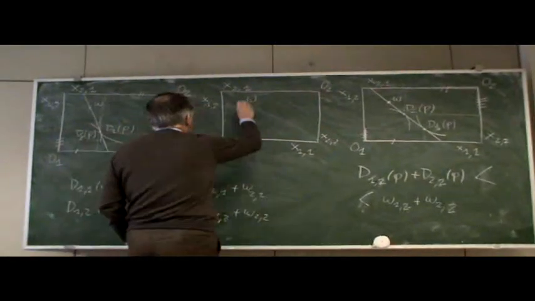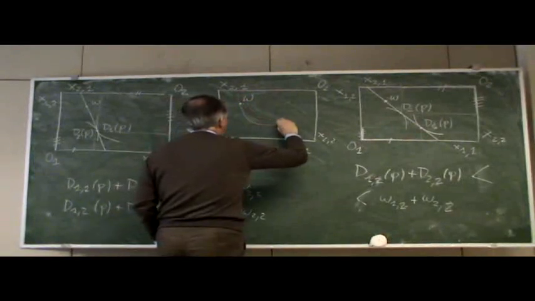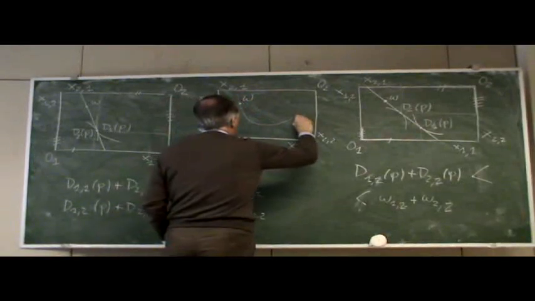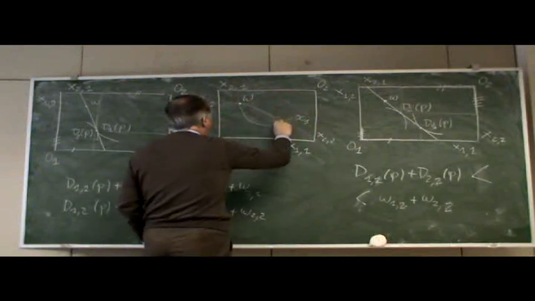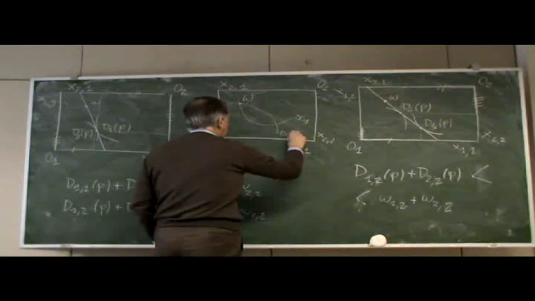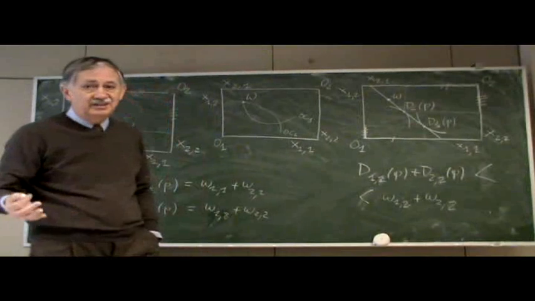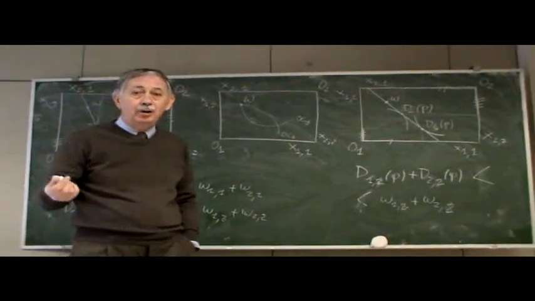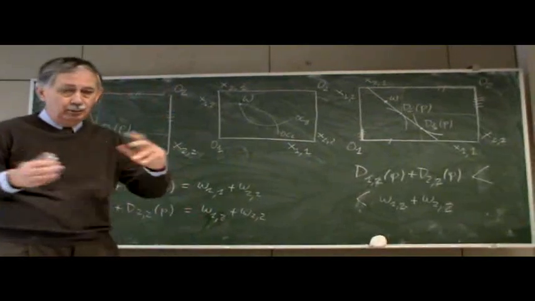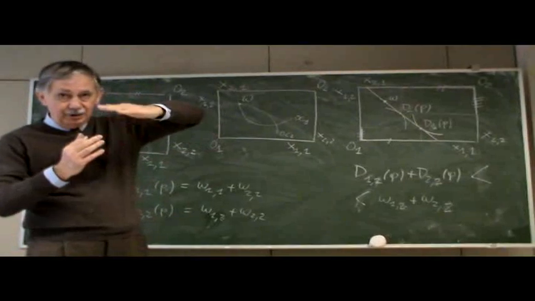Let us trace the offer curve of subject 1. Suppose that this is the offer curve of subject 1, and this is the offer curve of subject 2. Do you remember? The offer curves are simply the locus of the optimal points chosen by one or the other consumer when the price system changes.